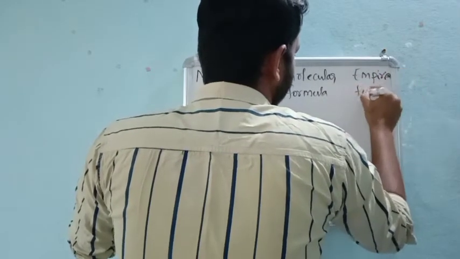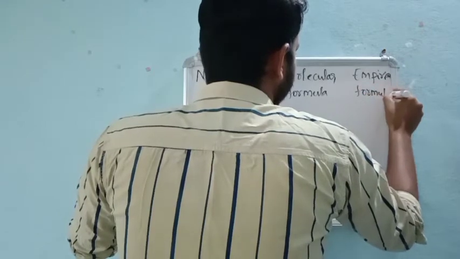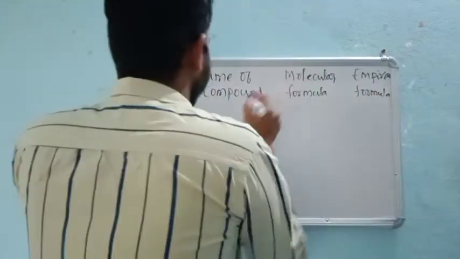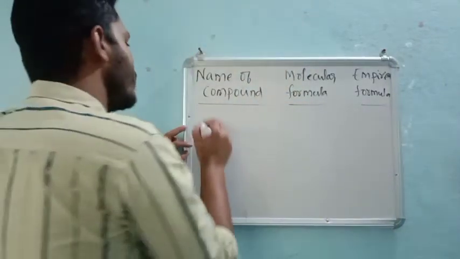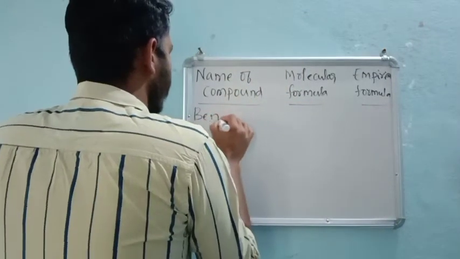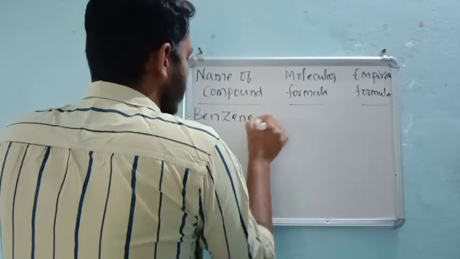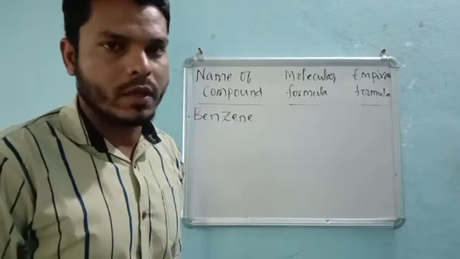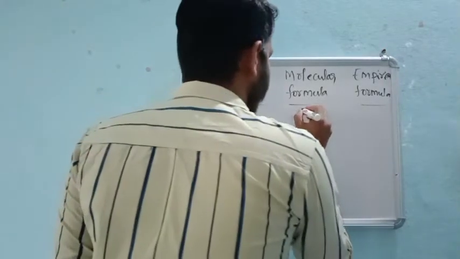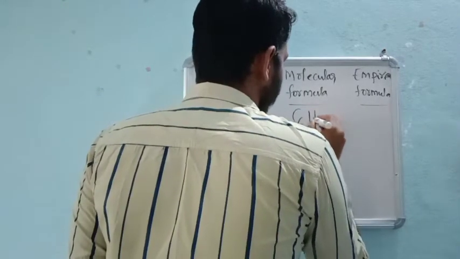If the name of the compound is benzene, then the molecular formula of benzene, which you already know from lower classes, is C6H6, right?